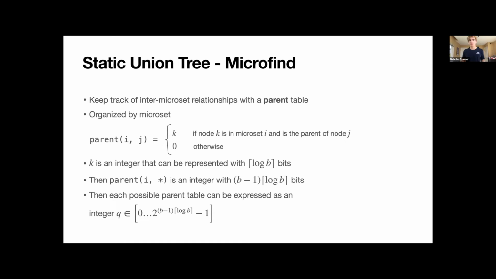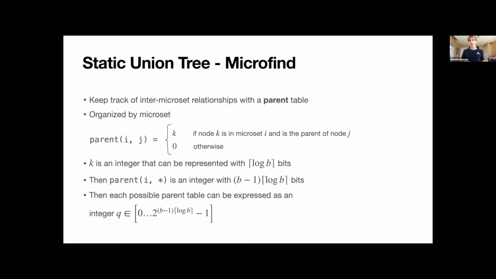inner microset relationships, where if you look at the parent table for some element with an index j, it will return the parent to that node that is within the same microset, index k, and then if it doesn't have a parent within the microset, it will return 0.